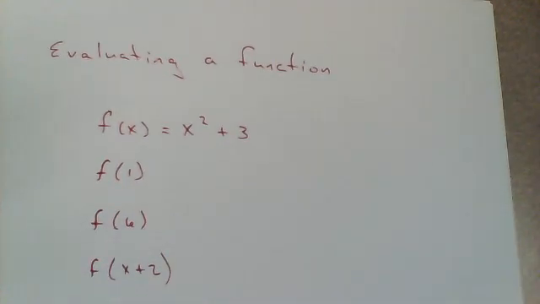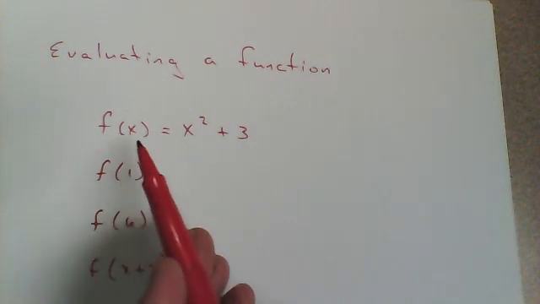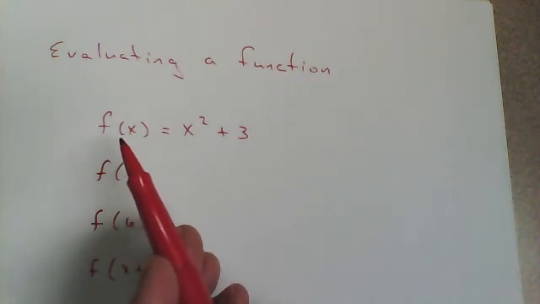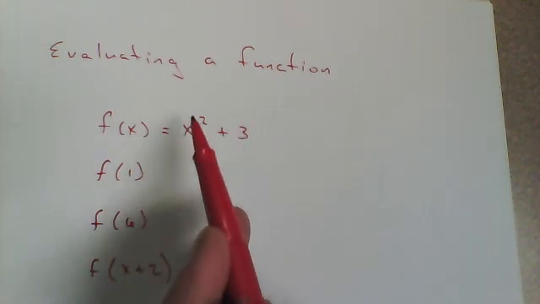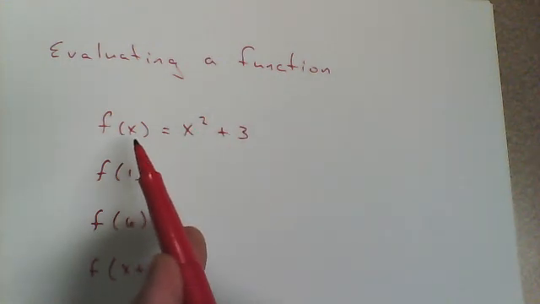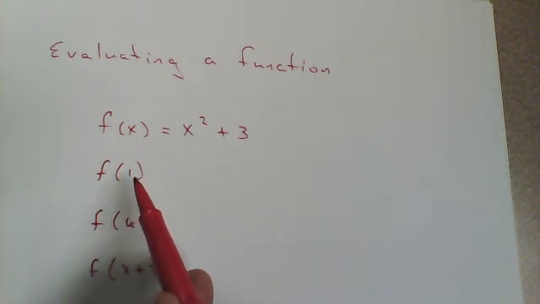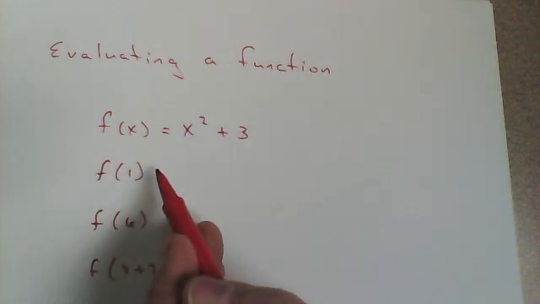Think about this, because this is just your input, right? When we're looking at f of x, it's saying, what is the value of this relation when we're inputting for x, right? So whatever goes in here, we're going to replace x with in that equation, right? And we should get a value.